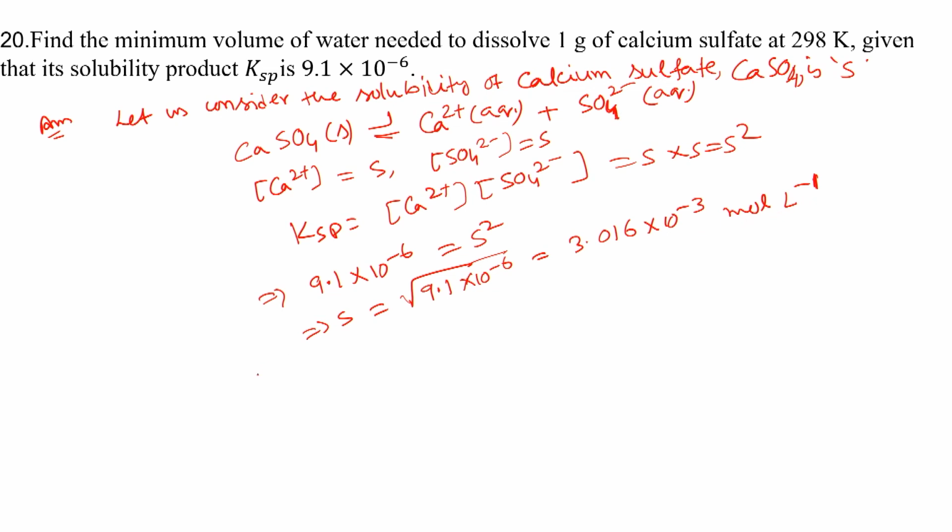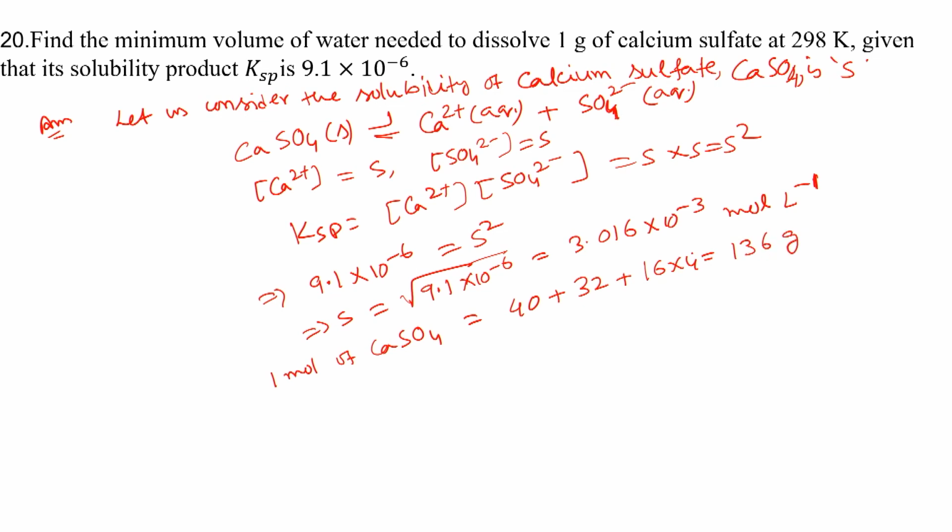Now 1 mole of CaSO4, so we need to calculate the molar mass. Calcium is 40, sulfur 32, and oxygen is 16 times 4. So we get 136 gram.